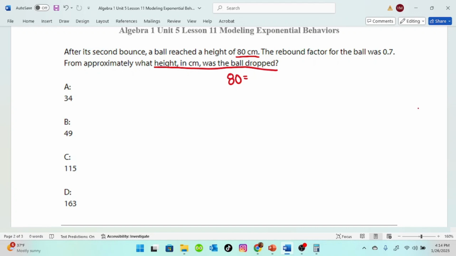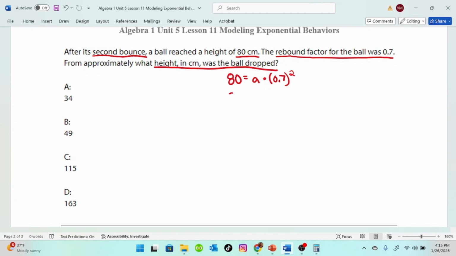Well, that would be our initial amount, and we usually call that A. Then we need our growth factor. Well, they tell us right here the rebound factor for the ball was 0.7. That is the growth factor. And now we need to know what the exponent is. Well, they're telling us it's the second bounce. So that means our exponent is 2.